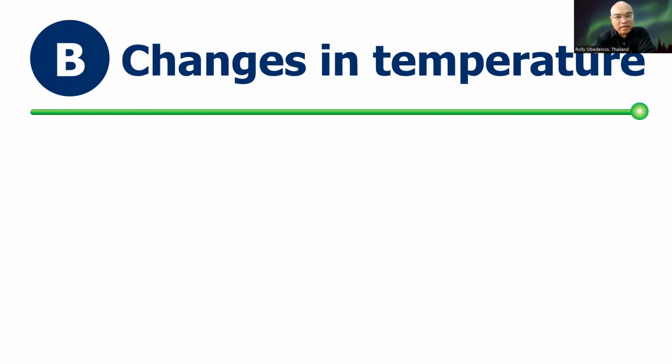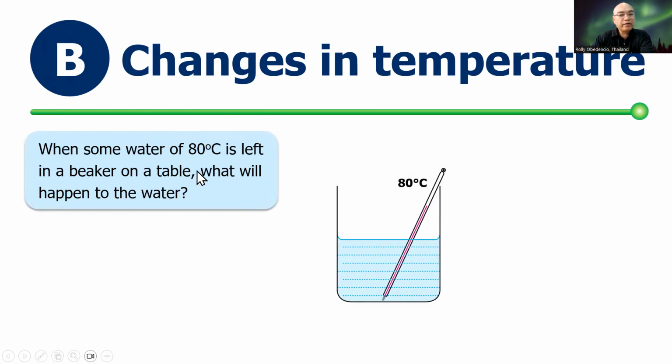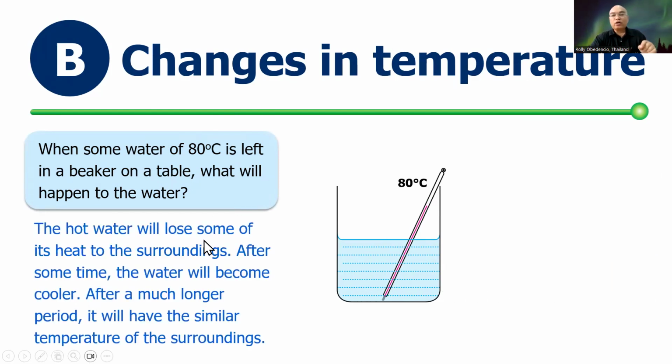So this is now B, changes in temperature. When some water of 80 degrees Celsius is left in a beaker on a table, what will happen to the water? The hot water will lose some of its heat to the surroundings. After some time, the water will become cooler.